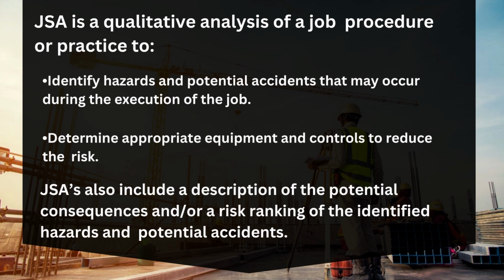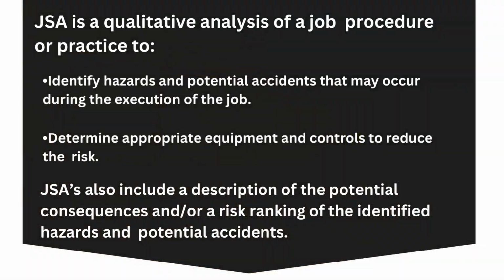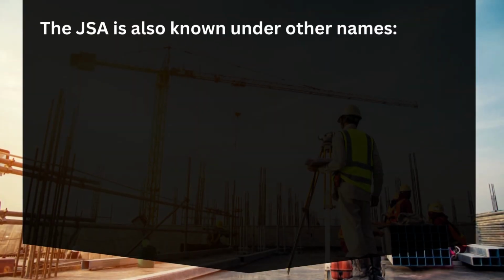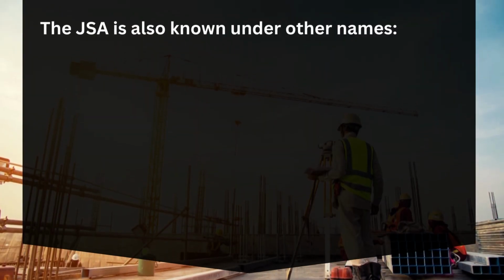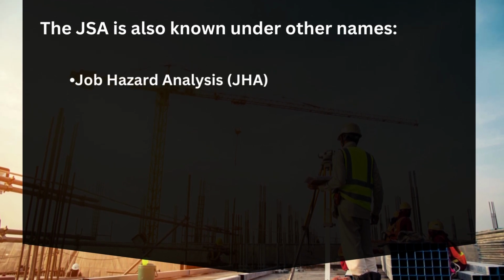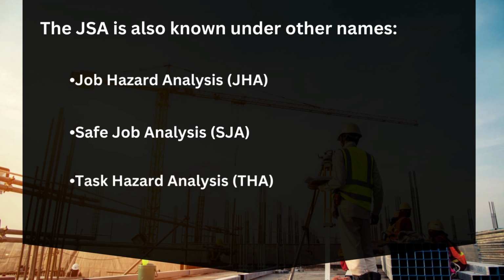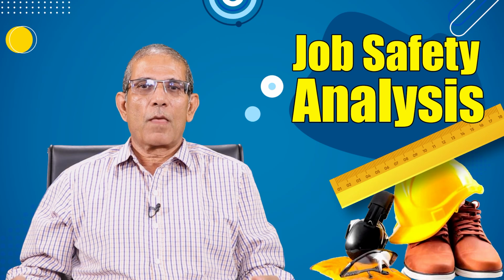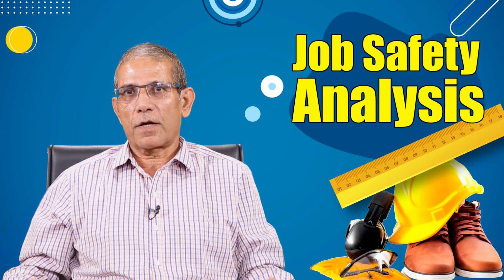JSA also includes a description of the potential consequences and a risk ranking of the identified hazards and potential accidents. The JSA is also known under other names like Job Hazards Analysis or JHA, Safe Job Analysis SJA, Task Hazard Analysis THA. Most of the approaches are very similar.